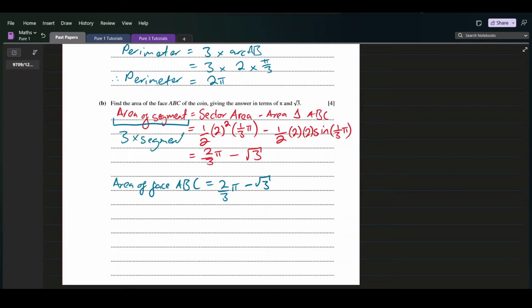So we have to multiply our answer by 3. So this will be times 3 plus the area of triangle ABC. So that would be plus root 3. We can simplify this: 2/3 pi times 3 would give us 2 pi, and then minus 3 root 3 plus root 3, and so we have 2 pi minus 2 root 3, and this would be the area of face ABC, and that's the final answer.